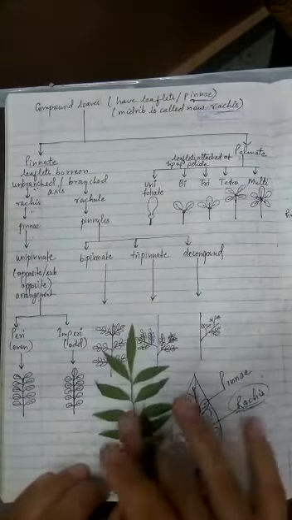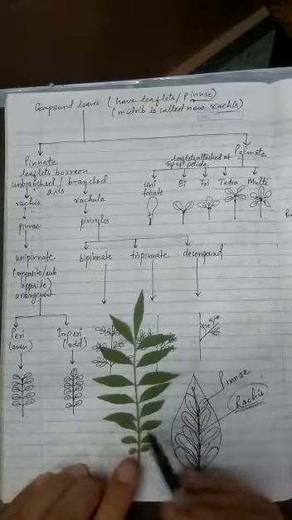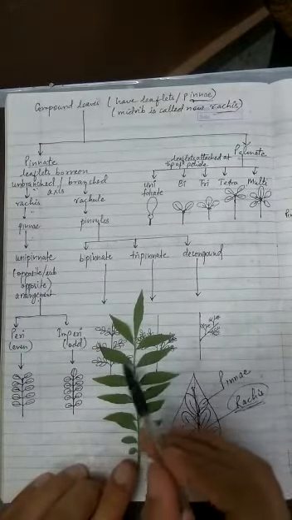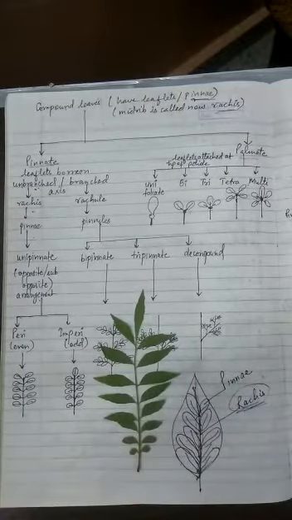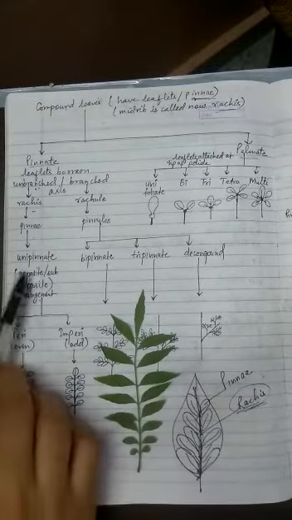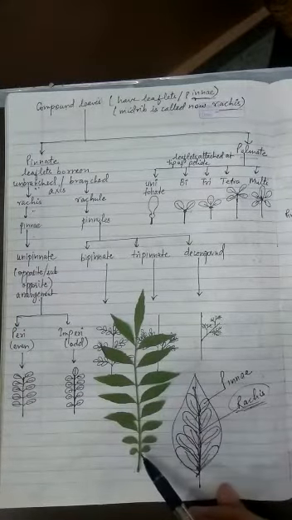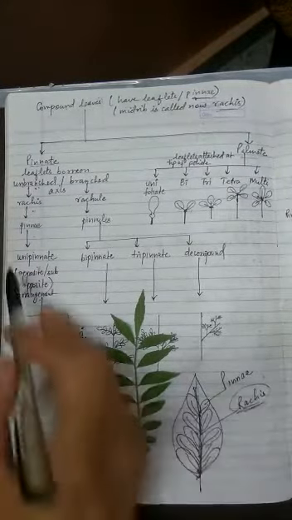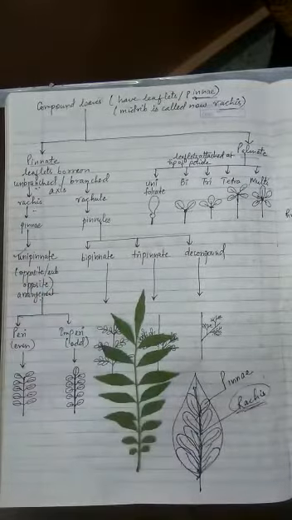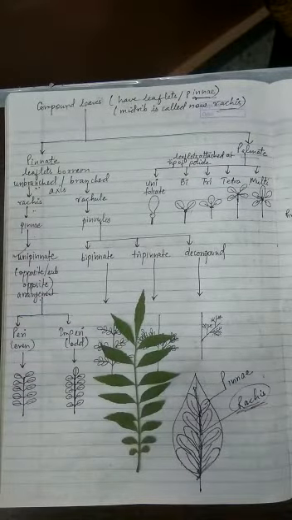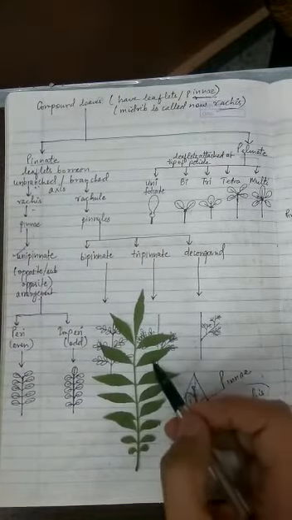So now the midrib is called the rachis, and these are all individual pinnae. Now pay attention. What exactly happens here is, the rachis is unbranched. As long as the rachis remains unbranched, you will call it a unipinnate type of compound leaf. So these are called pinnae.